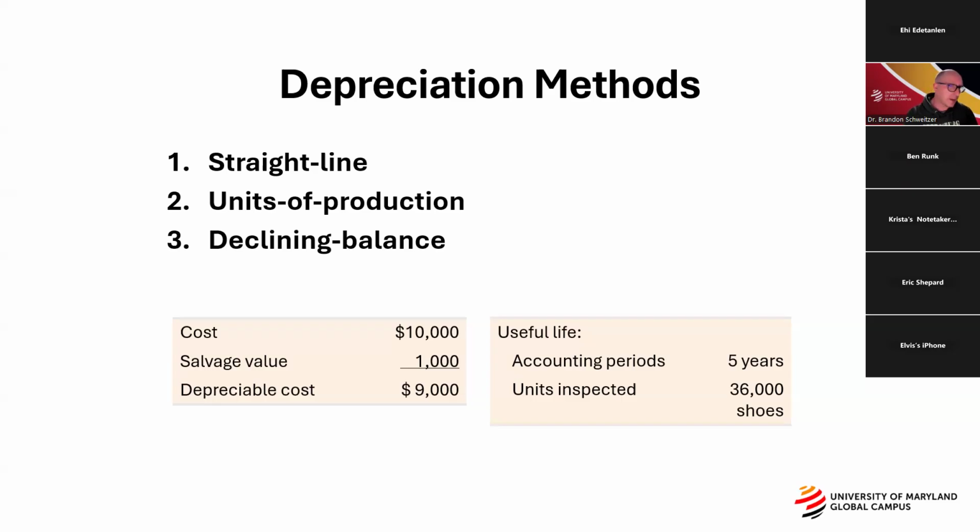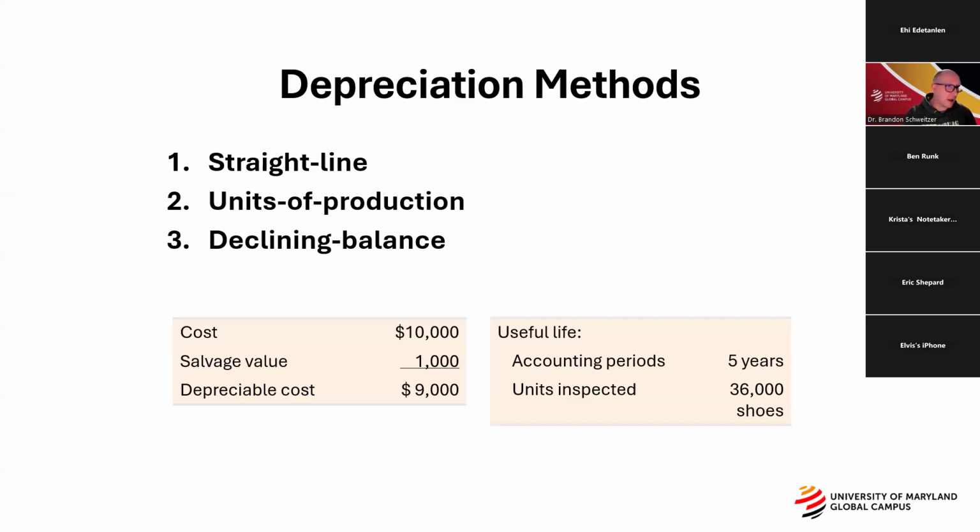The cost minus the salvage value gives us what we call our depreciable cost, the amount that we can depreciate over time. In this case, it's $9,000. We expect the piece of machinery to be used for 5 years. That's its useful life.